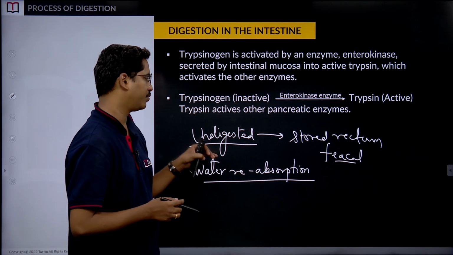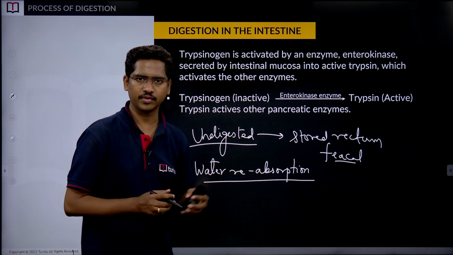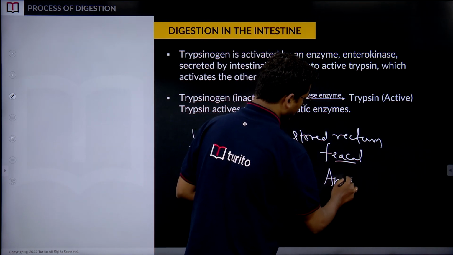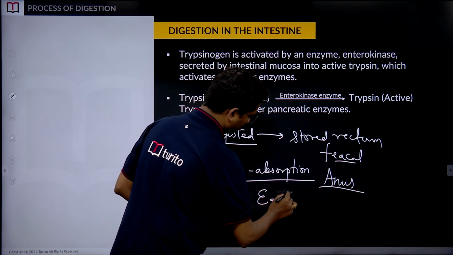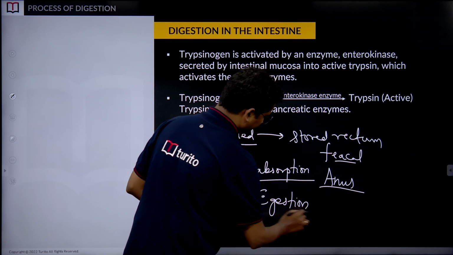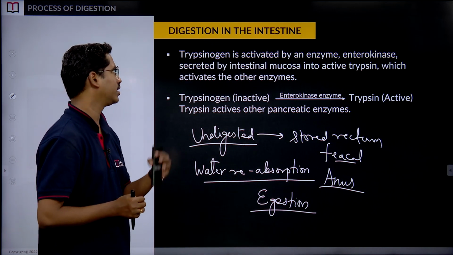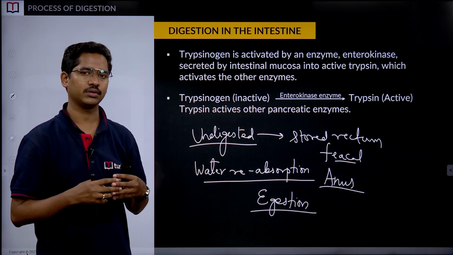That undigested food stored in the rectum gets ejected out of the body through the anus. This process is known as ejection. This is what happens when the digestion process completes, and the undigested food is ejected out of the body.